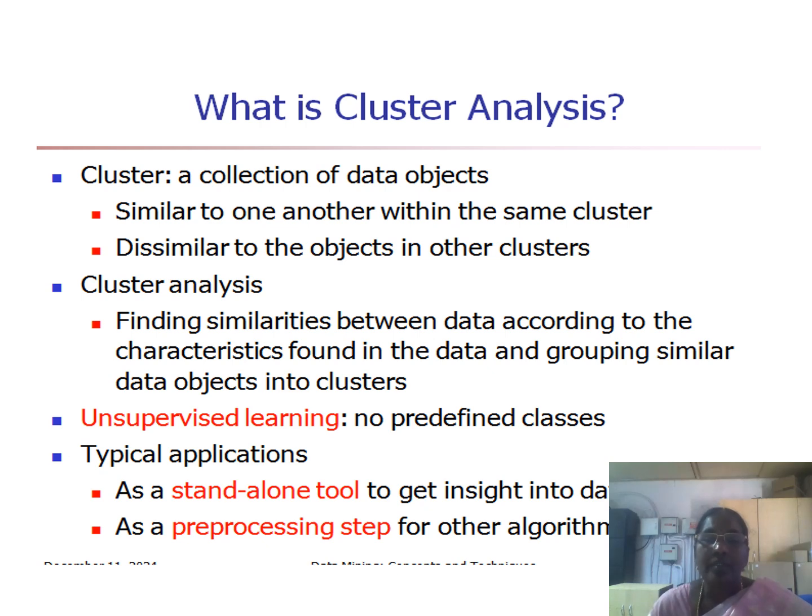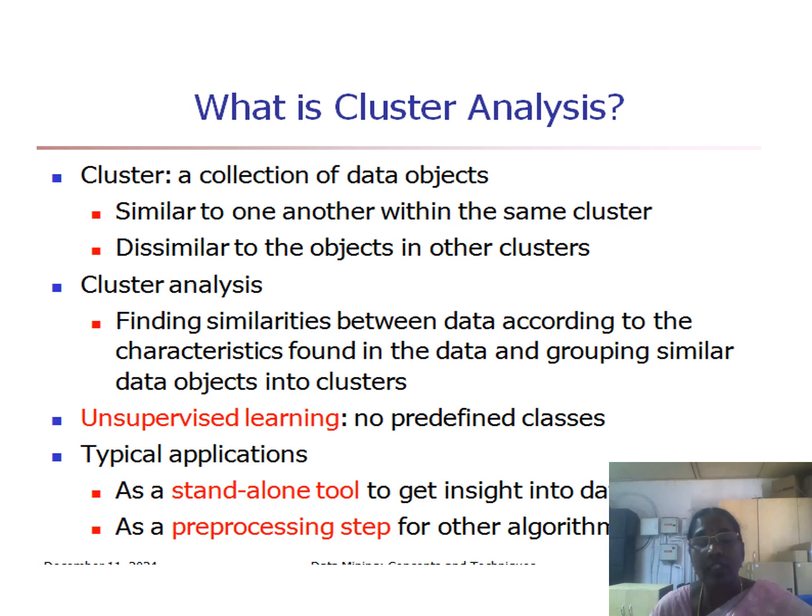Actually, for this cluster we have considered a set of group of people, that is, a set of tuples. Each tuple has a set of attributes. We consider different kinds of attributes, but we do not have the class label for those attributes. Hence, it is called unsupervised learning. No predefined classes, that's most important.